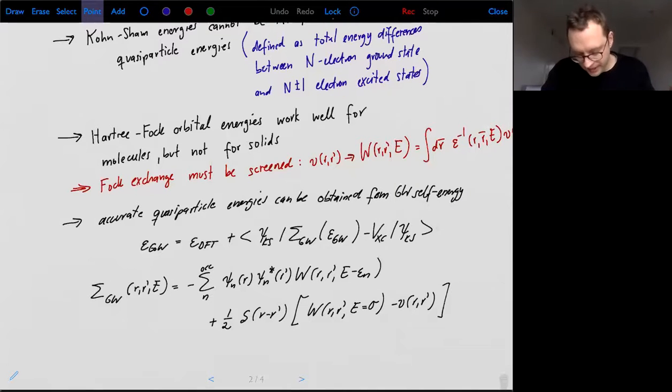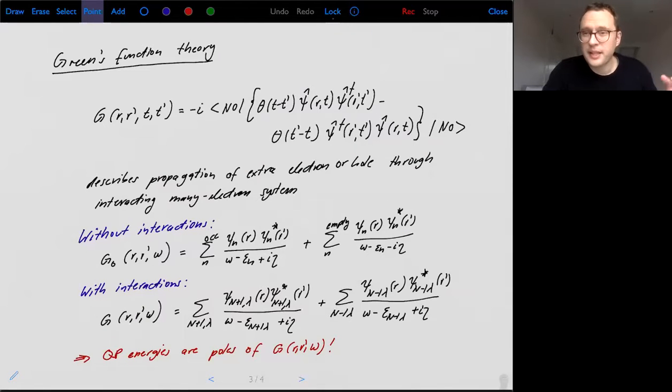But what we want to develop now is a theory that allows us to derive this expression. Right now we don't know where this self energy is actually coming from. And to understand that, we had to introduce this concept of a Green's function, and I had to start telling you about Green's function theory.